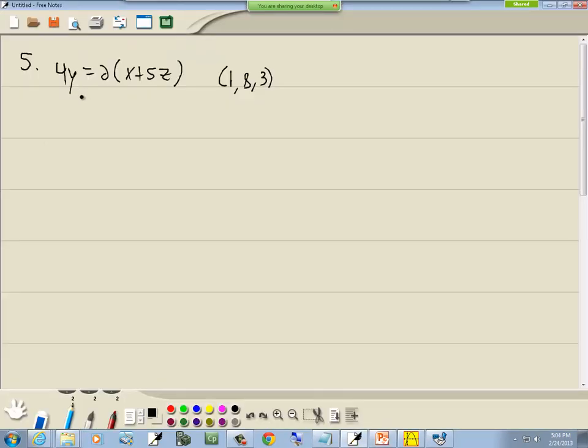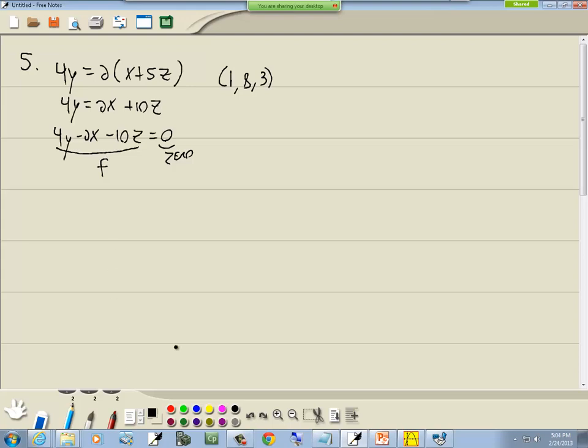Well, we need to get everything over to one side first, but let's multiply the 2 through. 2 times x is 2x, 2 times 5z is 10z. And I get everything over on one side. It doesn't matter which side. It works out either way. There we go. So we have to have a 0 here, and this will be our f then.